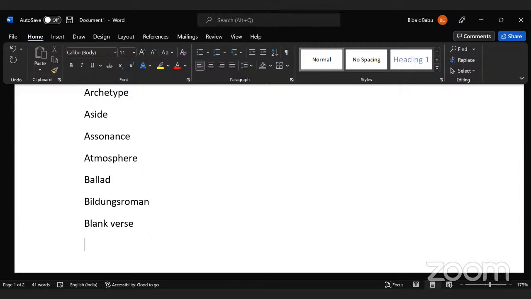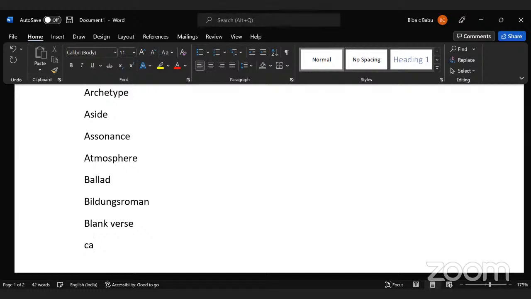Like we talked about anapest: two unstressed syllables followed by a stressed syllable. Iambic is one unstressed syllable followed by a stressed syllable. We'll discuss it when we reach I. So blank verse is unrhymed lines of poetry in iambic pentameter.